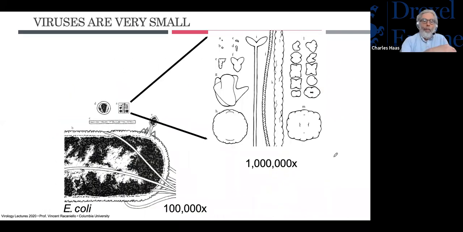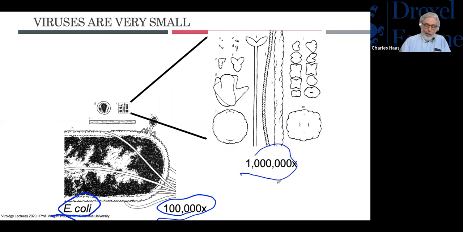Viruses are very small. So this figure illustrates E. coli, which is a common bacterium, magnified 100,000 times. We would have to magnify by 1,000,000 times or more to see a virus. So roughly 1,000th the size of a bacteria.